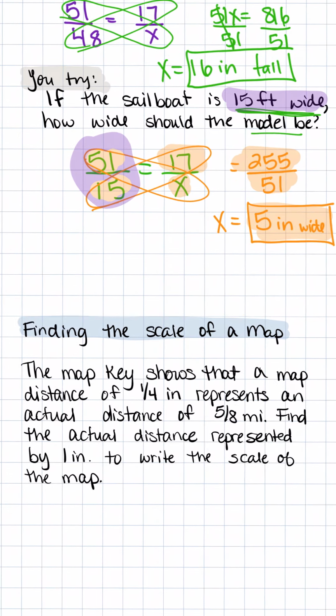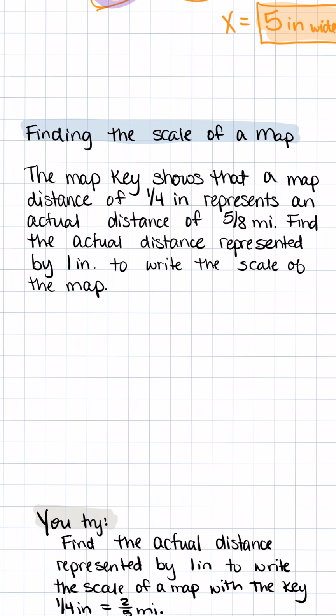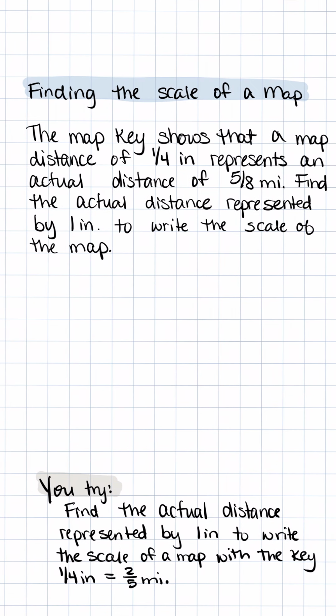So now let's look at finding the scale of a map. The map key shows that a map distance of 1/4 inch represents an actual distance of 5/8 of a mile. Find the actual distance represented by 1 inch to write the scale of the map.